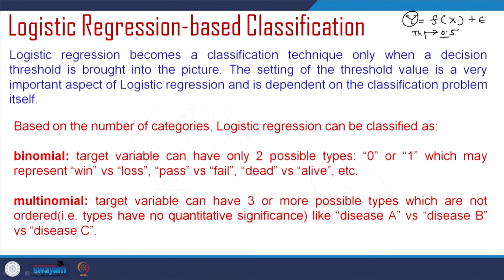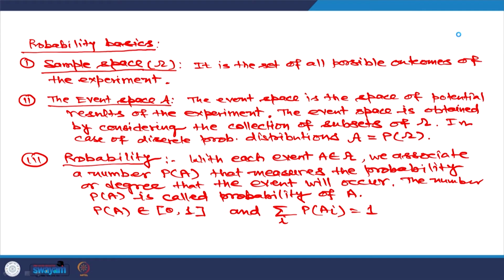By default we can take the threshold as 0.5, I will show you why, but how to choose this threshold value for a better model is a very important aspect of logistic regression. Before going to details, let me give you some probability basics which we will use.